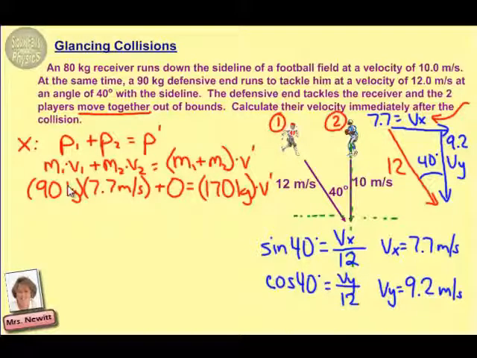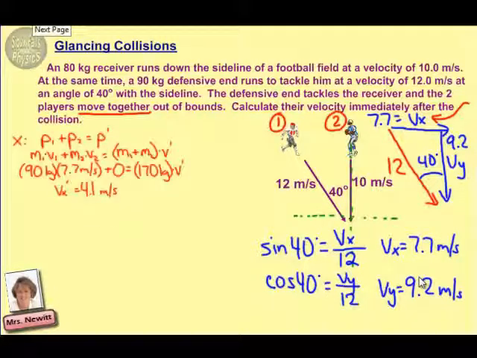So working out the algebra, we have a final velocity at the end of 4.1 meters per second. Now we're ready to go back and repeat that calculation, this time in the y direction.